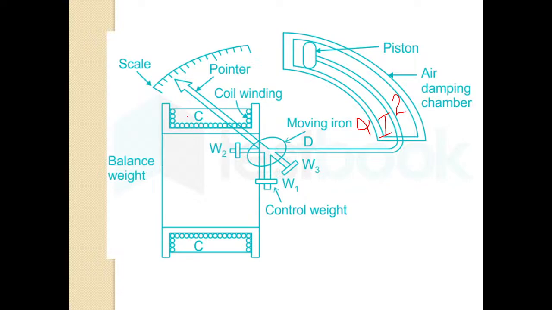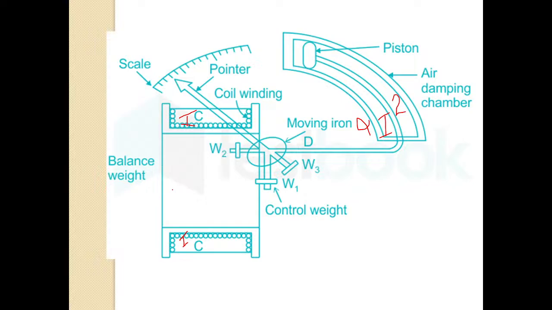I amperes of current is flowing through these coils. The movement of the iron piece will always be proportional to the square of the current flowing through these coils. The force or torque induced here depends on the magnetic field strength itself, and the magnetic field strength depends on the current flowing through the coil.